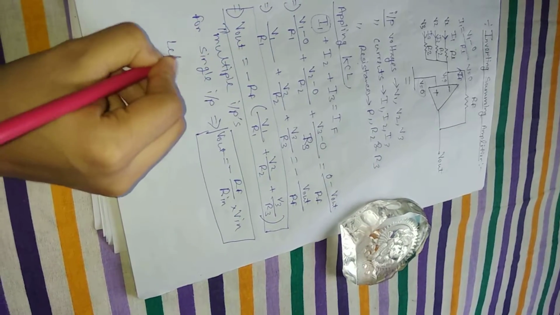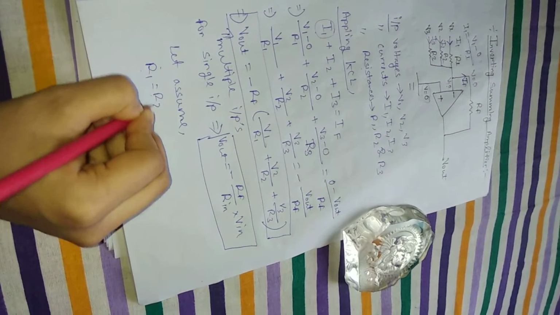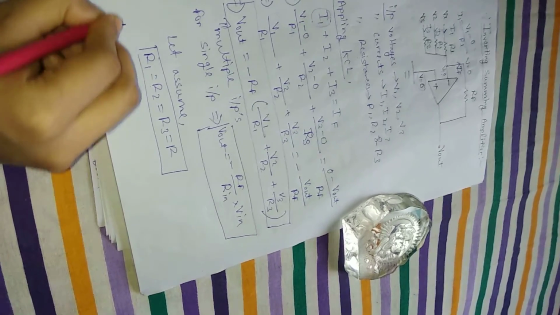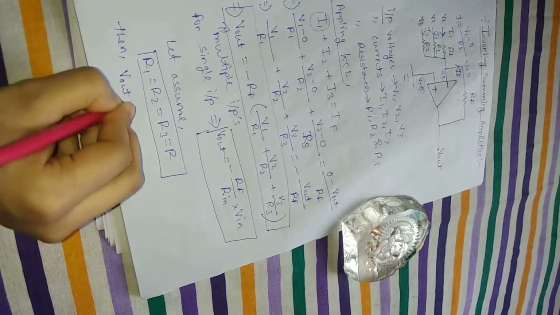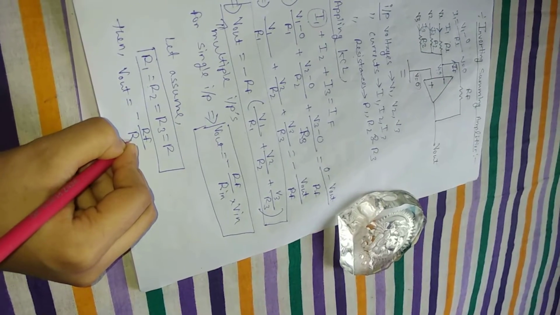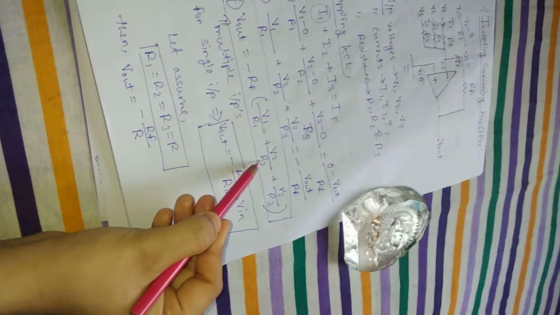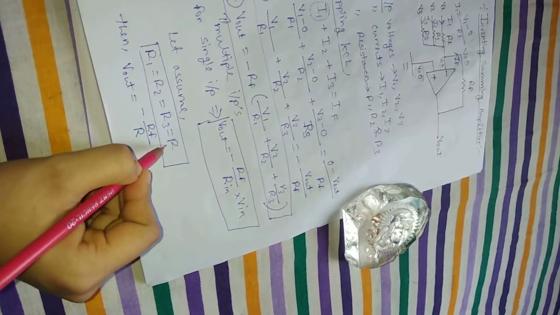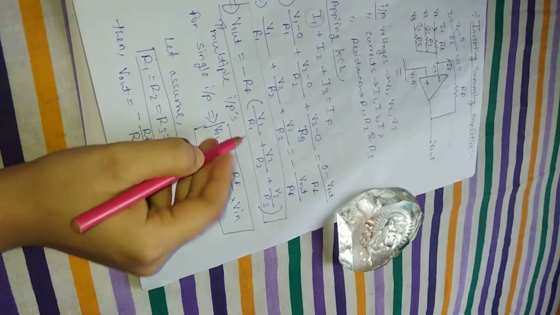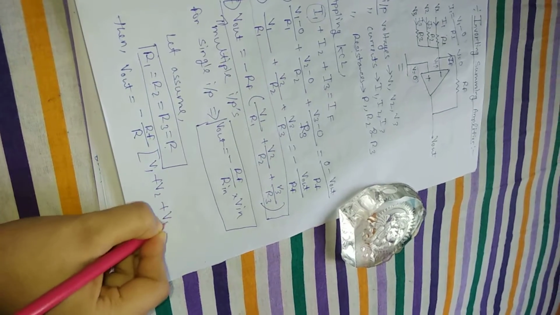So let's assume R1 is equal to R2 is equal to R3 is equal to R. Then V out is equal to minus RF by R, because if R1, R2, R3 are all equal to R, we take R common, and then V1 plus V2 plus V3.